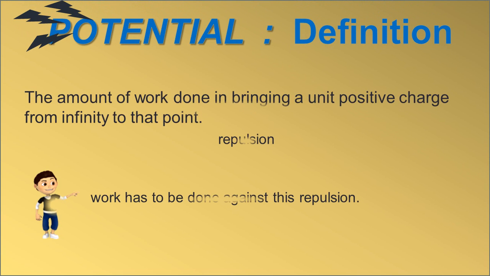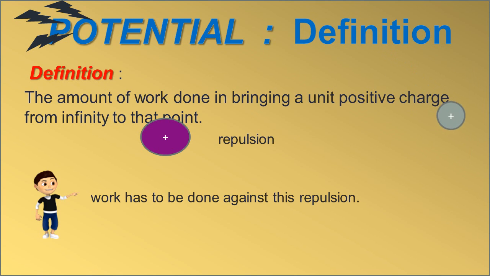So we can define potential like this: the amount of work done in bringing a unit positive charge from infinity to the field. For example, let us consider we are going to bring this positive charge, which is placed at infinity, or you can imagine at a far away place, nearer to this positive charge. What will happen?